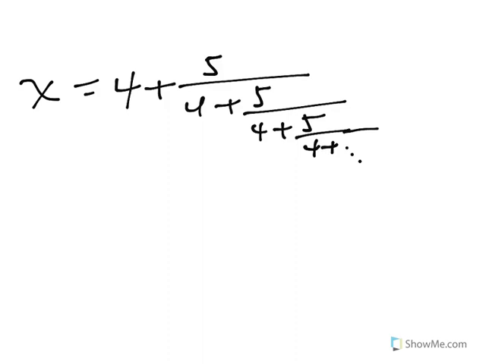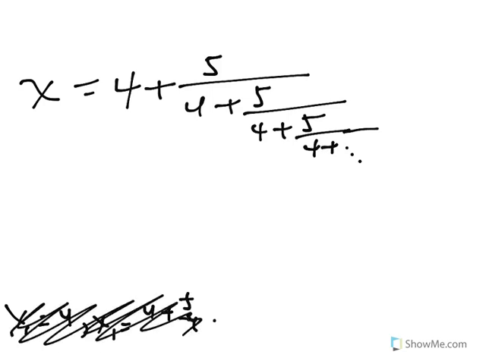It's hard for us to do all the conversions for this, but we actually could, even though it goes on forever. 4 would be the first convergent, and the next one would be 4 plus 5 over 4, and it would go on. But actually, I'm not going to do that at all. Instead, I'm going to do something very sneaky. So x is 4 plus 5 over 4 plus 5 over 4 plus 5, and so on.